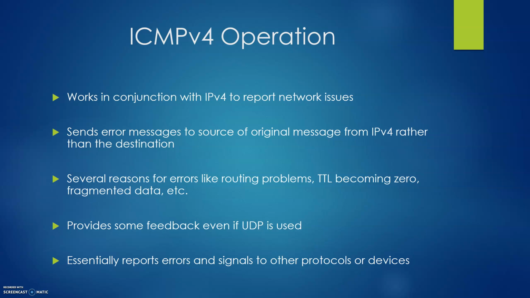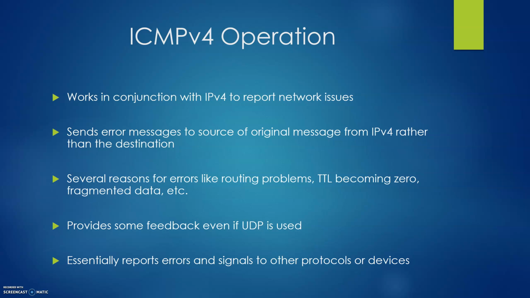So the device that sent the data, when the error happened, would get the error message sent back to it. There are several reasons for errors, like routing problems, time to live dropping to zero, fragmented data, and other things like that. It provides some feedback even if UDP is used, and UDP basically just means the data gets sent without checking for errors on layer 4 of the OSI model.